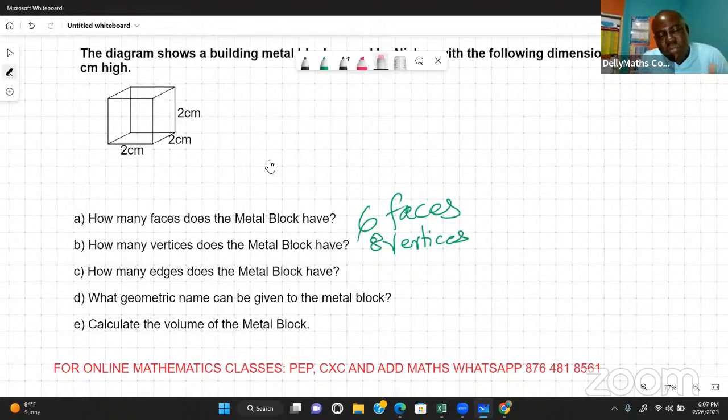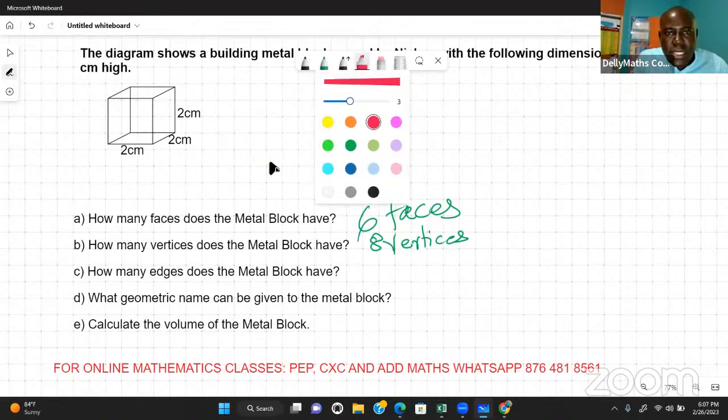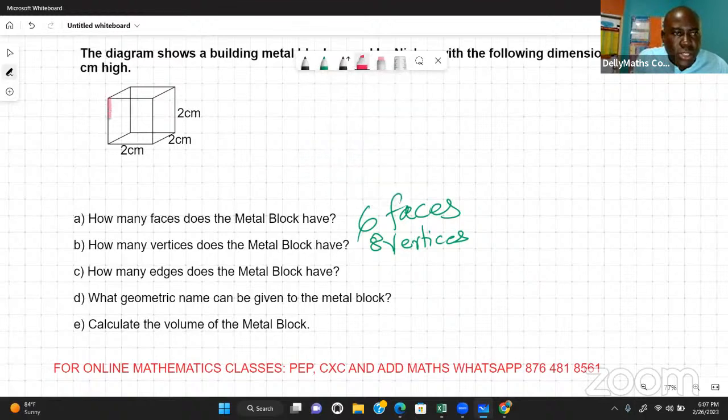When 2 faces meet, we get an edge. So I'm going to mark off the edges for us as best as possible. Let me try to be neat here. So this is edge 1, 2, 3, 4, 5, 6, 7, 8, 9, 10, 11, 12.